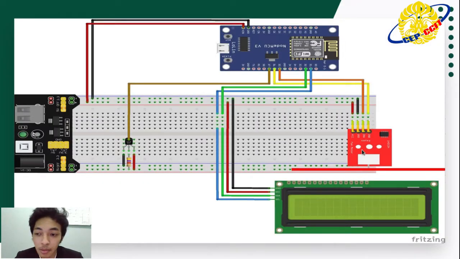This is my circuit. I'm powering the NodeMCU, or the microcontroller, using 5V, and for the actuator and the display screen I'm also using 5V, but for the temperature sensor I'm using 3.3V.